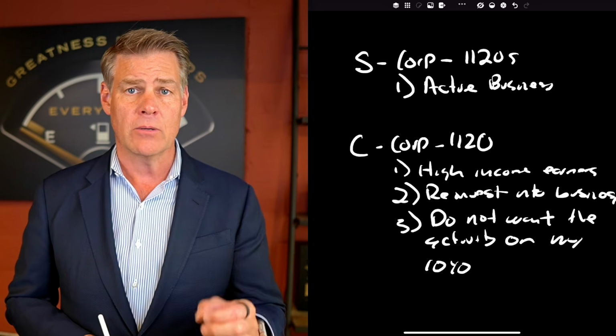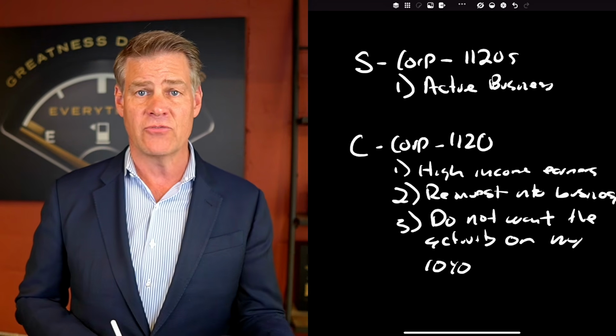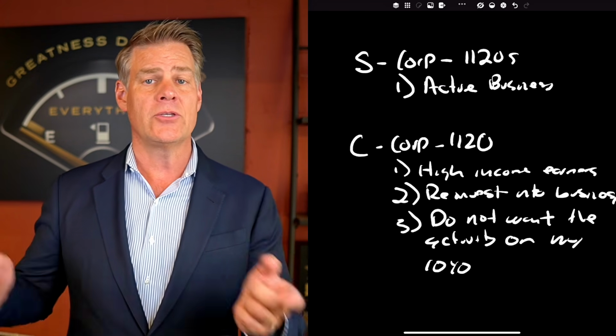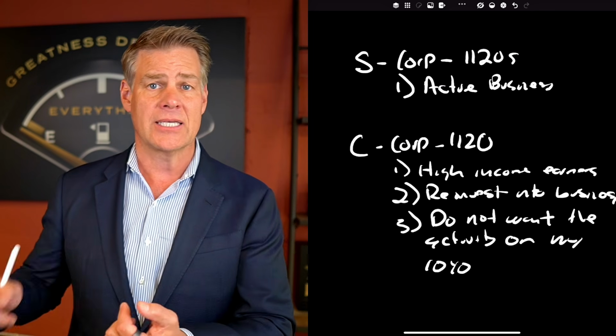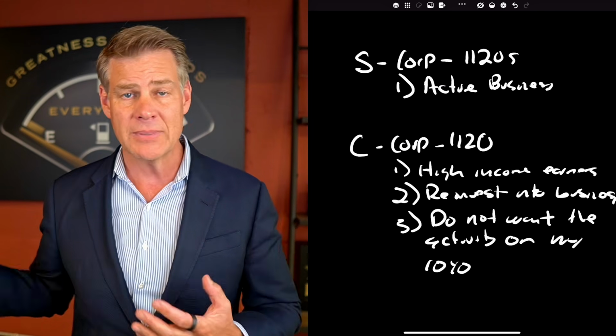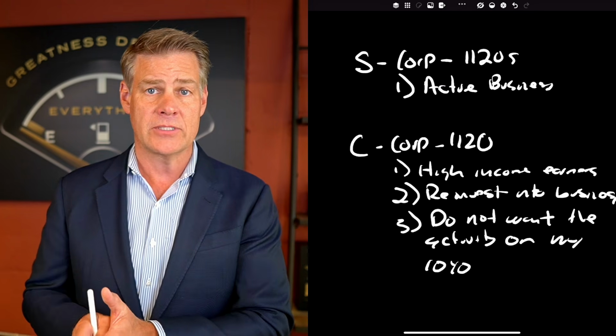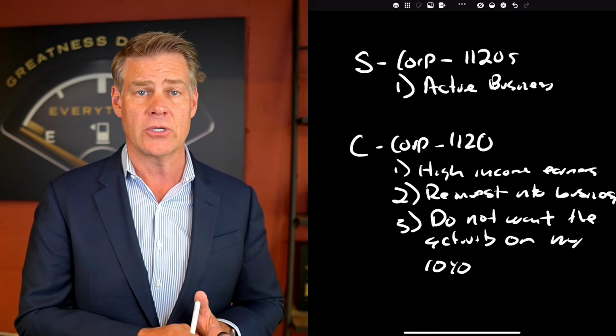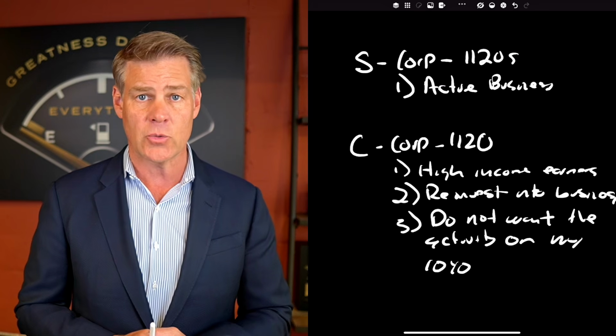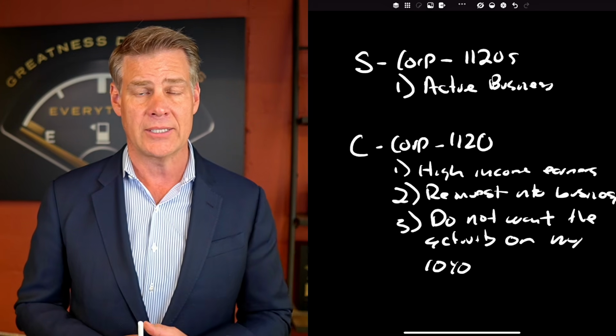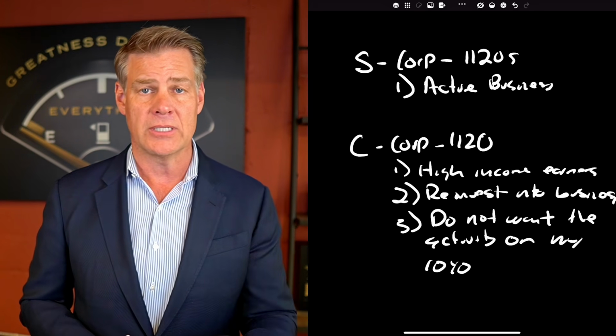Why is this important? Because if those losses hit your 1040 and you're trying to obtain loans, let's say it's to buy real estate, grow other businesses, then the lender or the underwriter will see this on your 1040 personal income tax return and they'll know you have a business that's struggling, or they'll assume that it's struggling, and that will impair your ability to borrow.